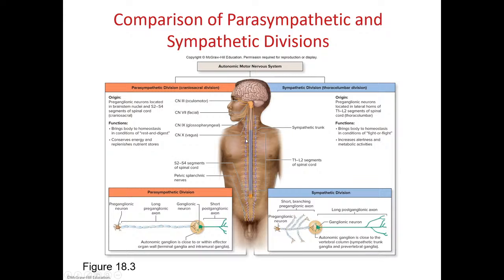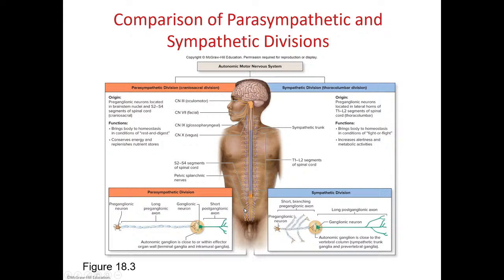All right, now on the other hand, the parasympathetic division is known as the craniosacral division because many of the nerves involved in the parasympathetic division of the autonomic nervous system will arise from cranial nerves or sacral nerves.